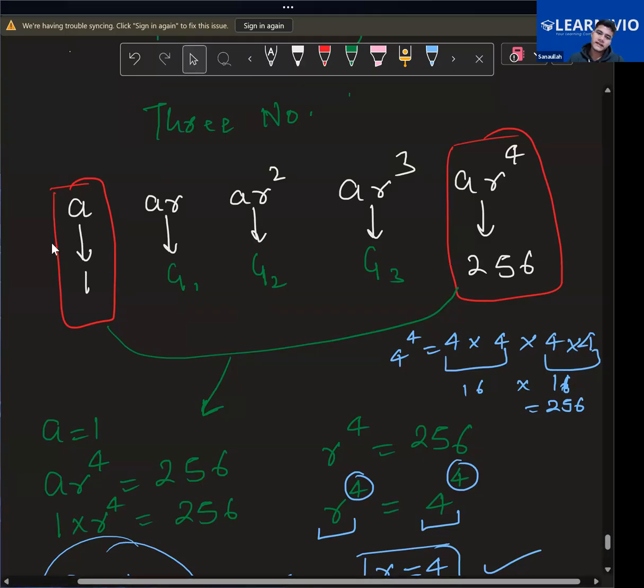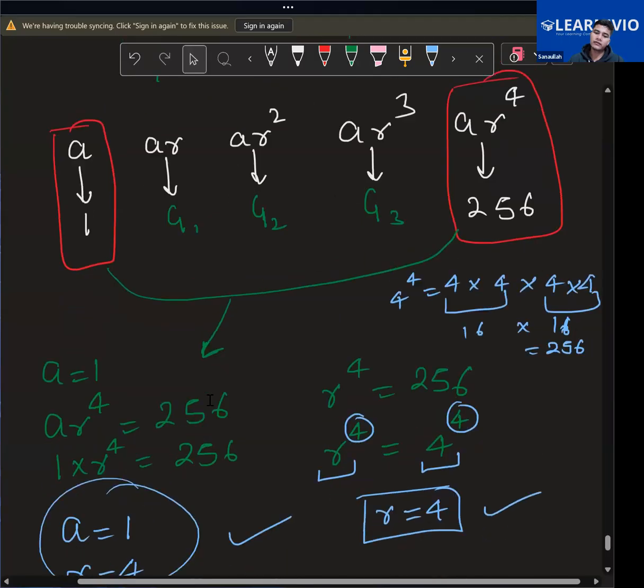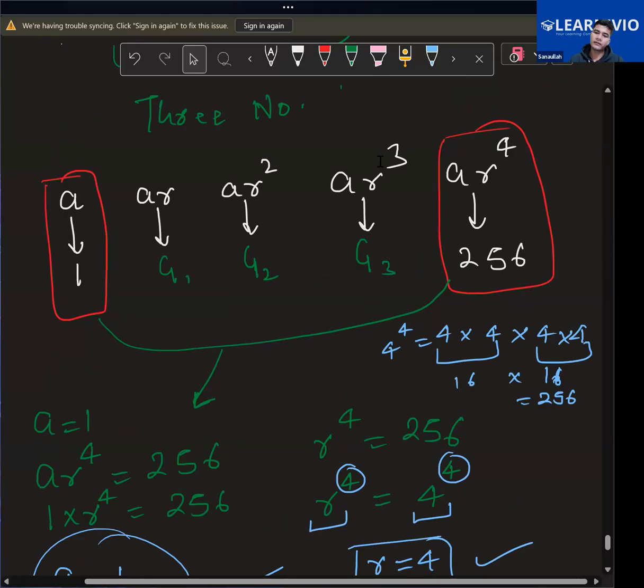So using a equals 1 and ar power 4 equals 256, I used both of these, and from there I got the value of a and the value of r. Then I used the values of a and r in G1, G2, G3, and from there we can easily get the three terms that we need to insert between 1 and 256.